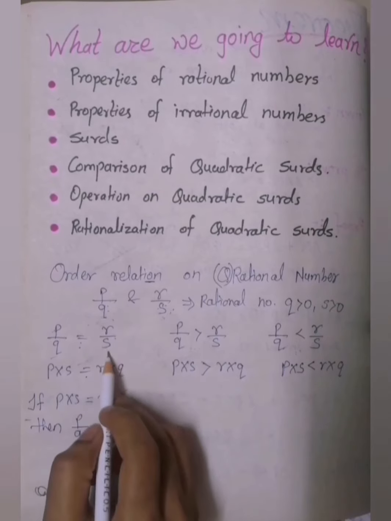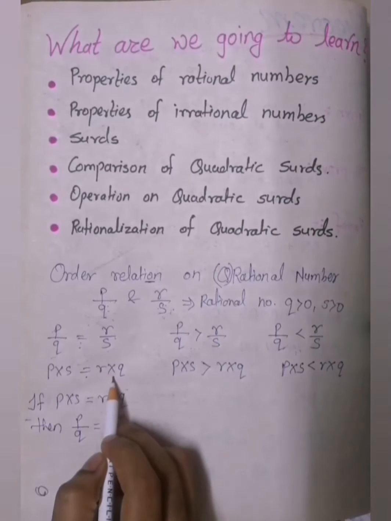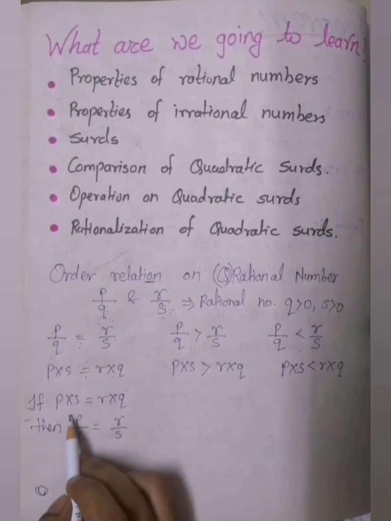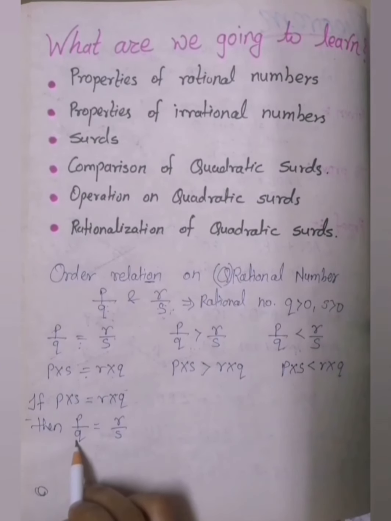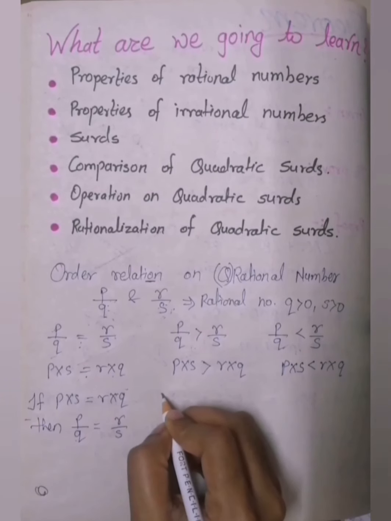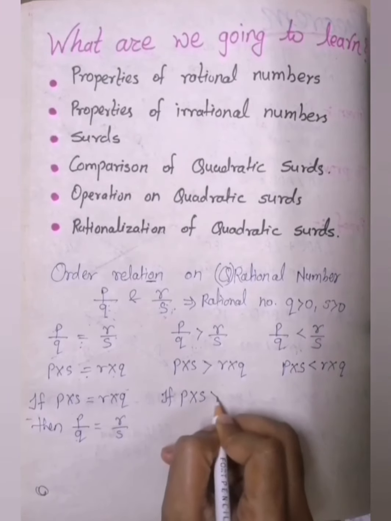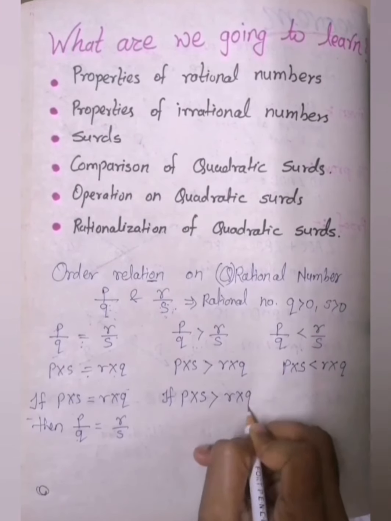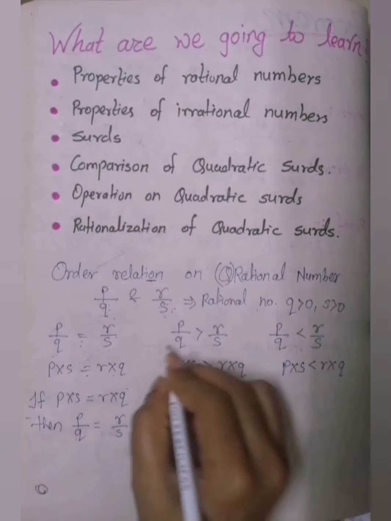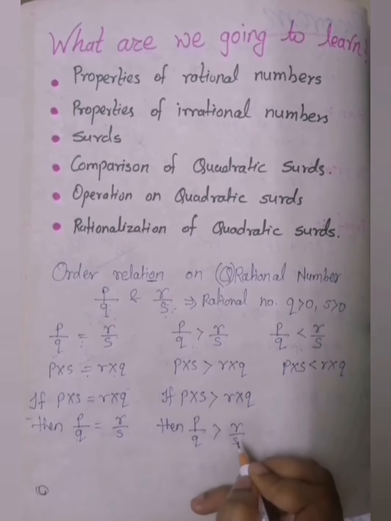If we take two rational numbers and multiply with each other, then we get this form. But in your textbook they give it like that. Same thing for the second one: if P multiply S is greater than R multiply Q, then we get P upon Q is greater than R upon S. Clear, students?